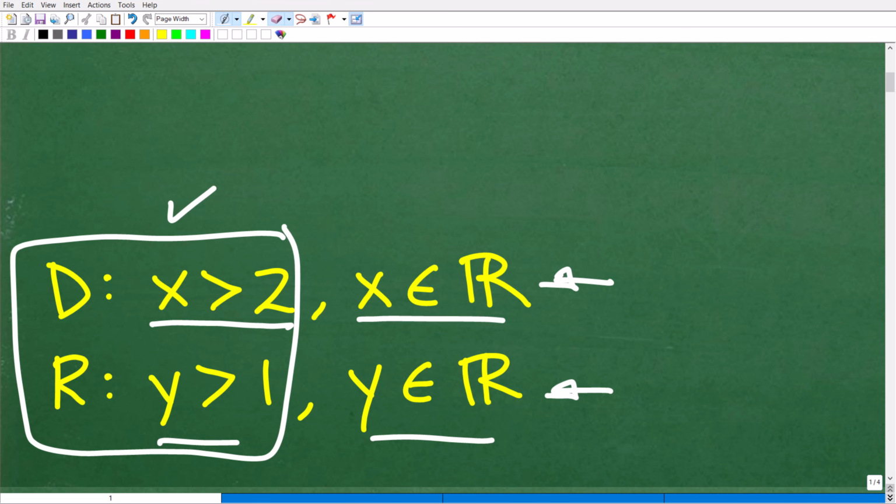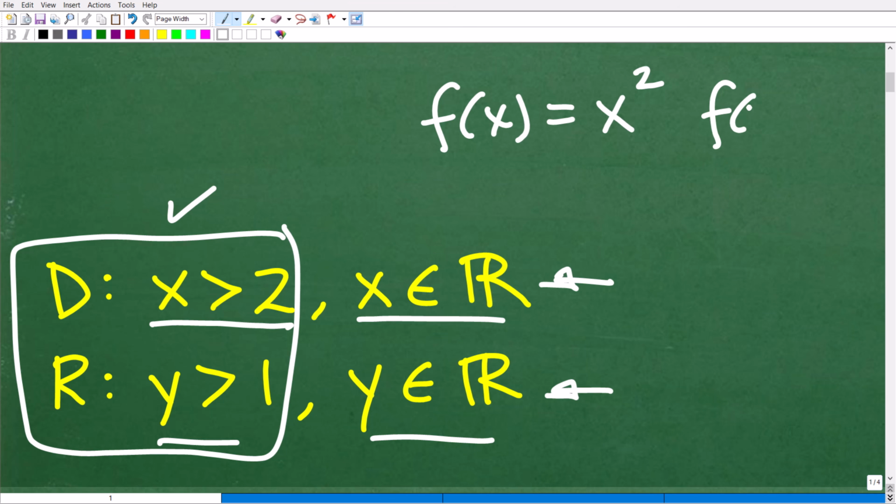But let's do a real quick review of some basic concepts. Here we have a function f of x. Let's call it f of x equals x squared. So we have this x and we have this x squared. Now remember, in terms of function language, f of x is equal to y, just in case you didn't know that.